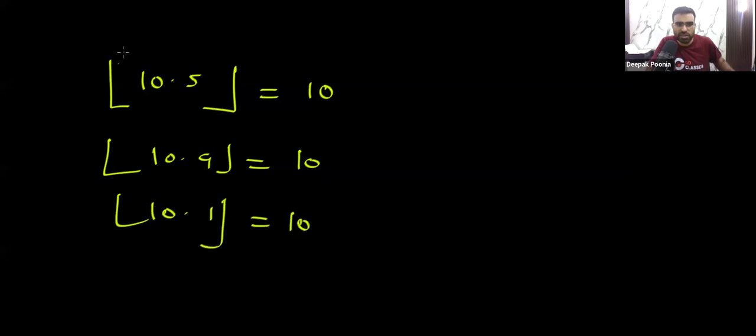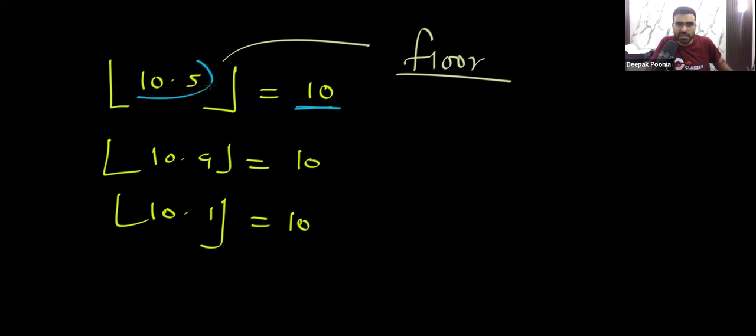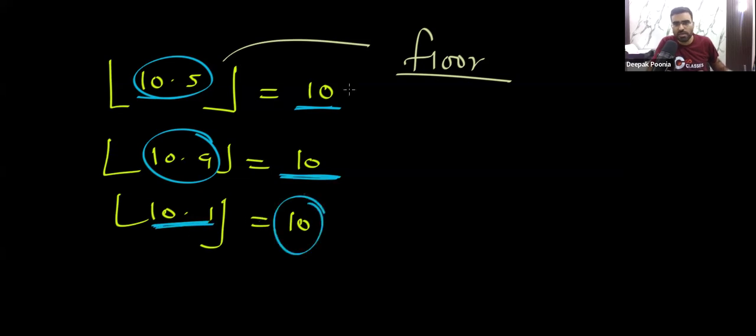Basically, this is called floor. What this floor does is it gives you the closest integer less than or equal to this value. You can see the closest integer less than or equal to this value is 10. So this floor will give you the closest integer less than or equal to this value.